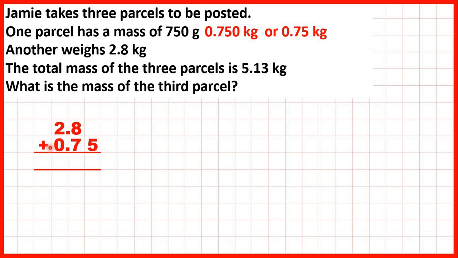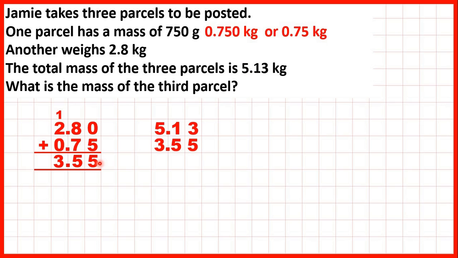Remember, when we're adding decimals, we line up the decimal points, write zeros in empty squares, copy down the decimal point, and then we can add using column addition, so we get 3.55. So that's the mass of 2 parcels, but the 3 parcels have a mass of 5.13.